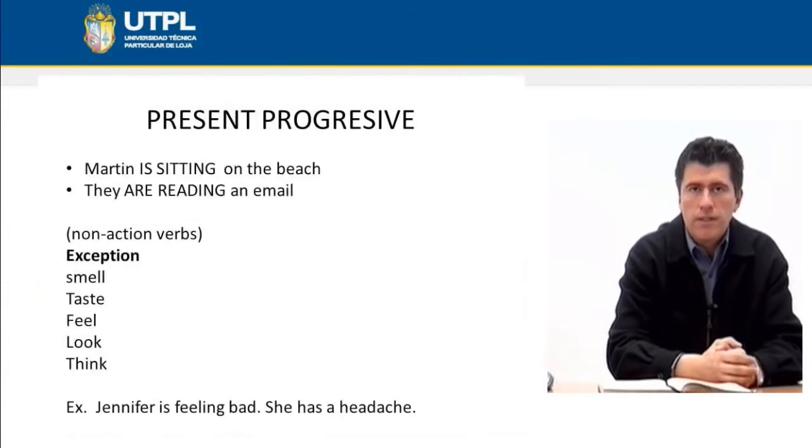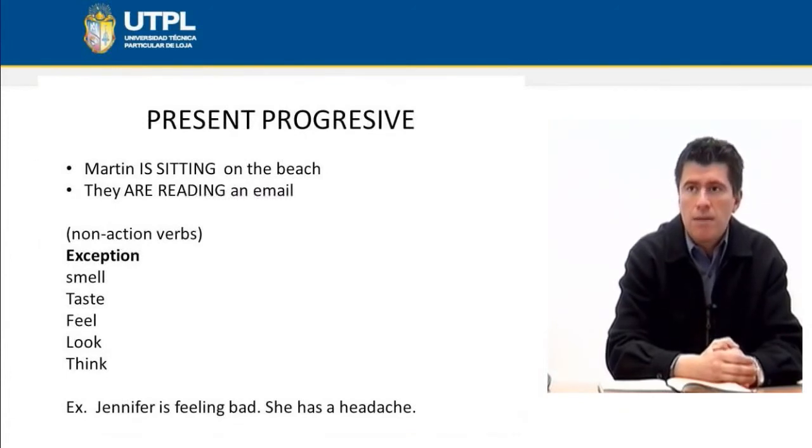Now, the present progressive. When you're using action verbs, you're going to be using the verb to be and the verb with ing, as you can see in the first example. Martin is sitting on the beach. They are reading an email. And like I said before, some non-action verbs have exceptions, like smell, taste, feel, look, and think.